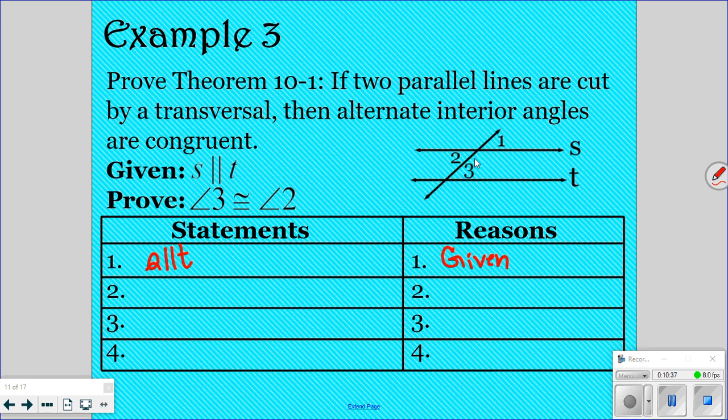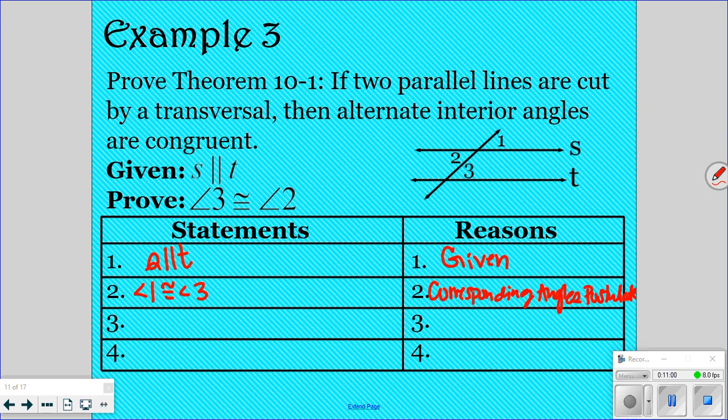So one thing that we can say is that angle 1 and angle 3 are congruent. How do we know that angle 1 and angle 3 are congruent? It's from the corresponding angles postulate.